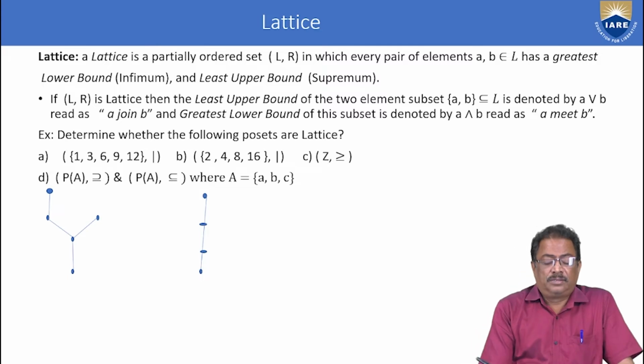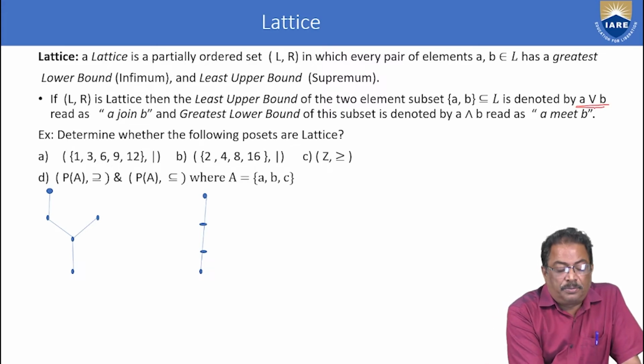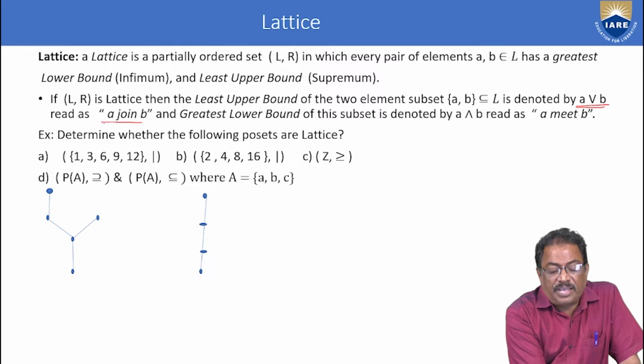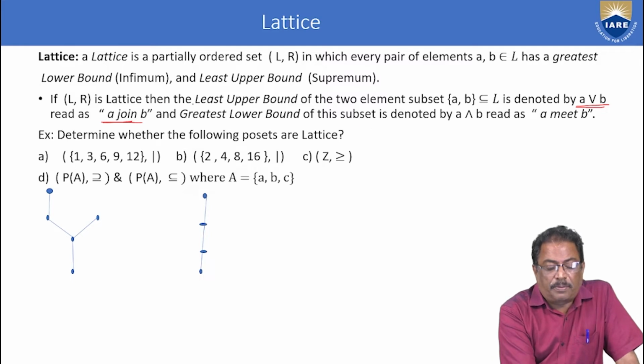Now here we are going to consider some notation. A join B, or A or B, denotes the least upper bound.